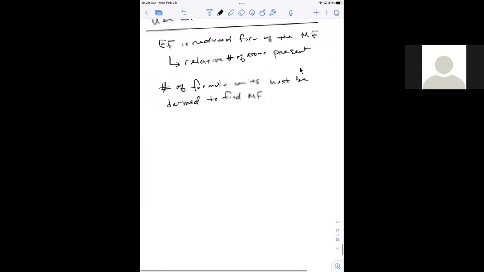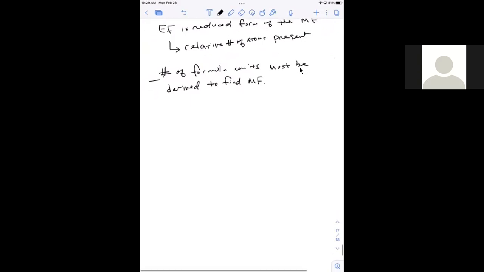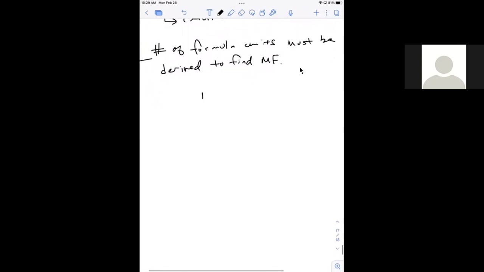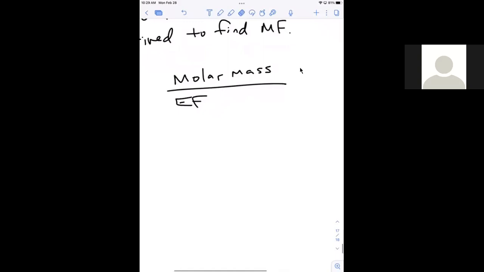So to find the molecular formula, we need to find what we call the number of formula units. And that is going to be determined by the molar mass of a compound divided by the empirical formula mass, or formula mass. Let me not just say mass because it's not a mass.